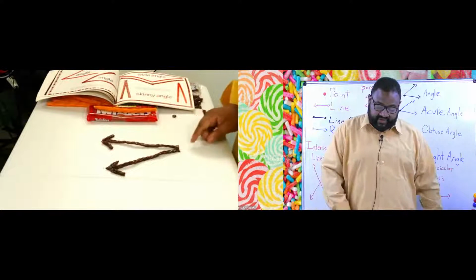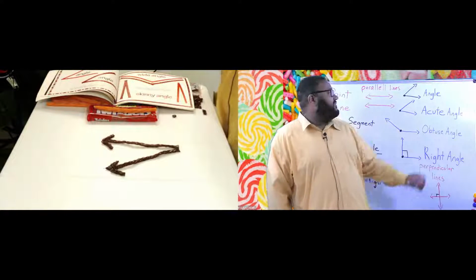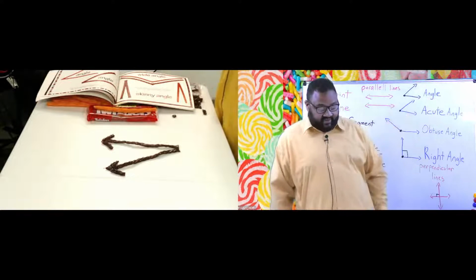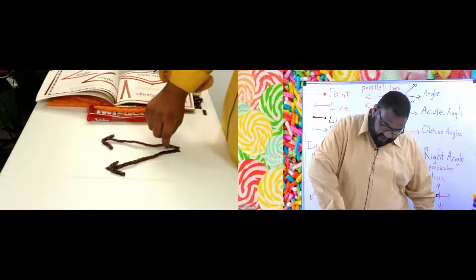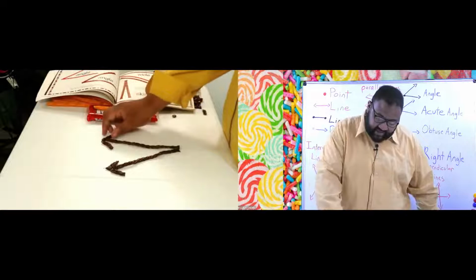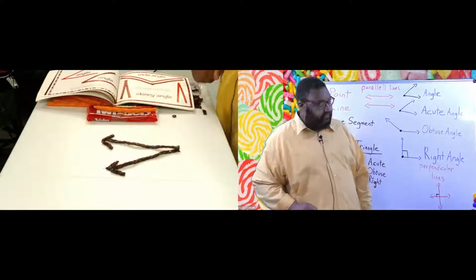So right now, this is our Twizzlers as a representation of an angle. And particularly right now, if I put this one on top of this one, this is technically an acute angle. Just in case you may have forgotten, when we're talking about an acute angle, guess what, folks?